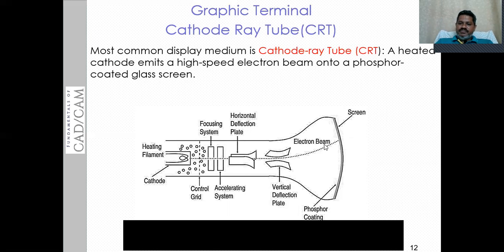This electron beam is going to energize the particles in different intensities to capture the image. The movement of this beam, as I said just now, is controlled by horizontal and vertical deflectors to display the image on the screen.